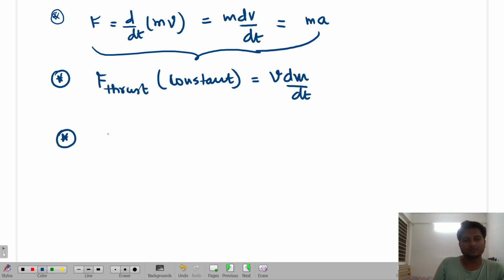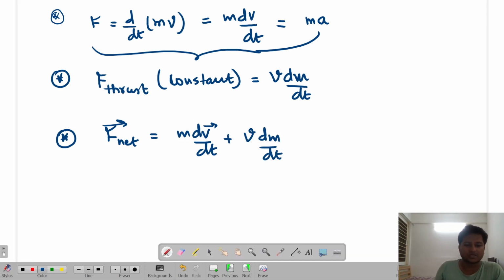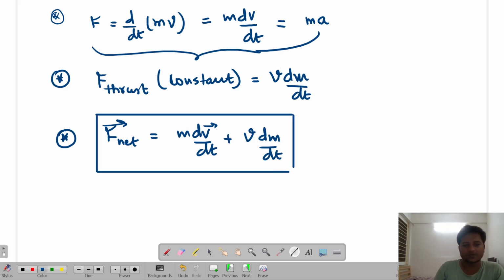Important point: if both velocity and mass are varying, then the net force is m dv by dt, meaning acceleration also, plus v dm by dt. This is the whole equation. That is my full Newton's equation, but this was not prescribed by Newton. Is that clear?